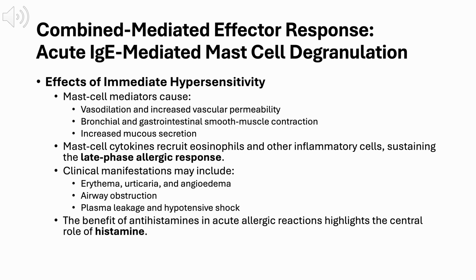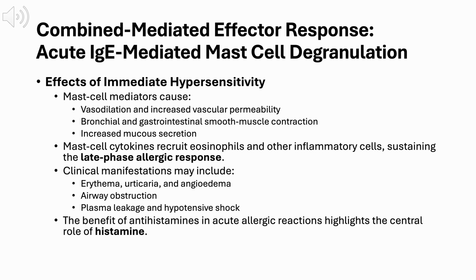Beyond that immediate burst, the mast cell's cytokines recruit eosinophils and other inflammatory cells, sustaining the late-phase allergic response, so there's an early wave and a delayed, smoldering second wave. Clinically, this manifests across a spectrum: erythema, urticaria, and angioedema on the skin, airway obstruction in the lungs, and, at its most severe, plasma leakage and hypotensive shock, anaphylaxis, that can be life-threatening.